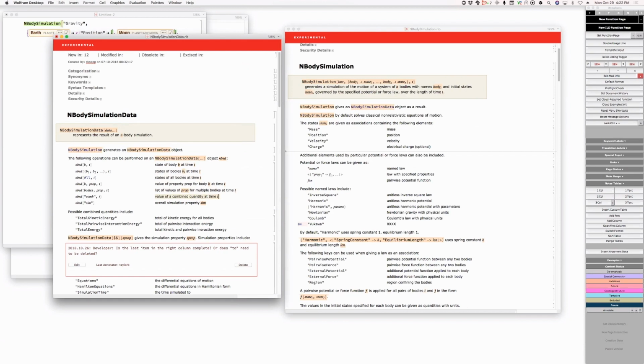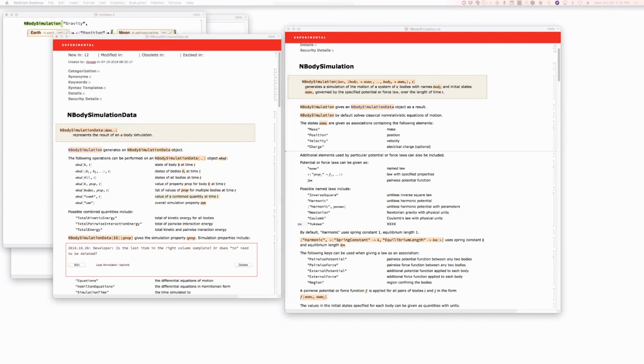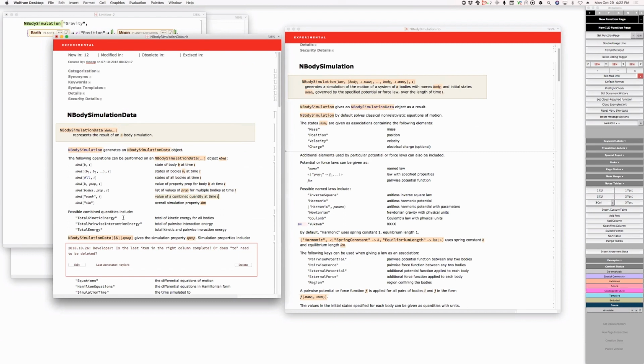Okay, and then we just need to rewrite that line about the simulation properties. Yes, I know. Possible combined quantities include total non-relativistic kinetic energy.